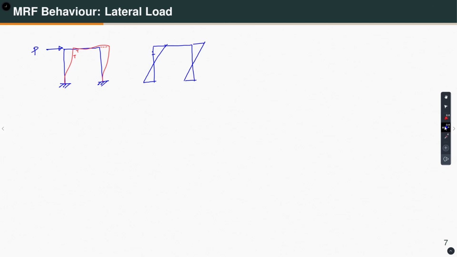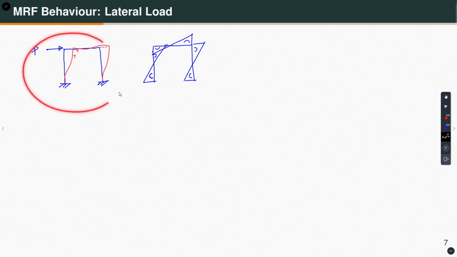So, my bending moment diagram then becomes something like this. Here this is the direction of the curvature: tension outside for the column, tension inside for the beam, and here it is top tension. This is the bending moment diagram.